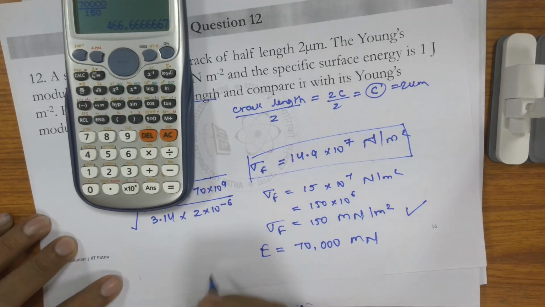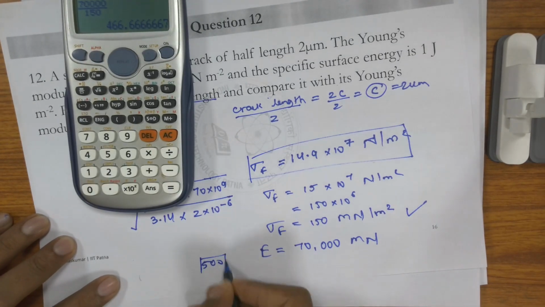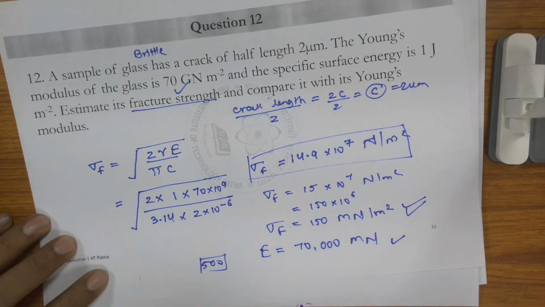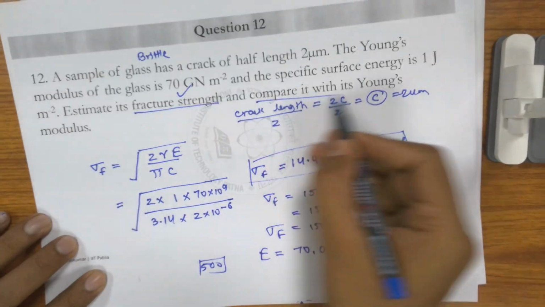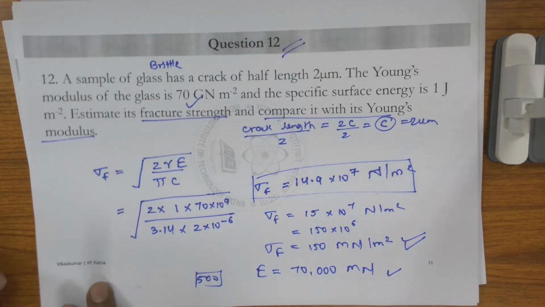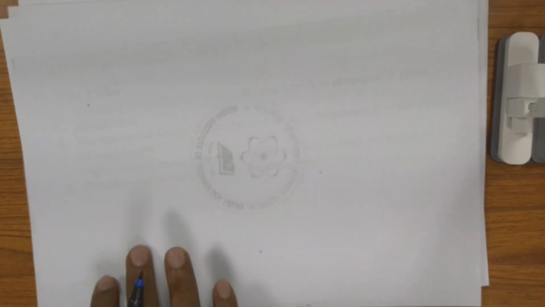So it's roughly around 500 times more. So the modulus is 500 times more than the fracture strength. Okay, so this is what the comparison is telling us. With that we have solved question number 12. Let's move to question number 13.